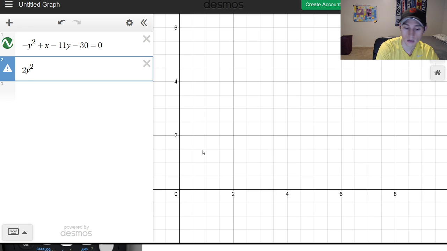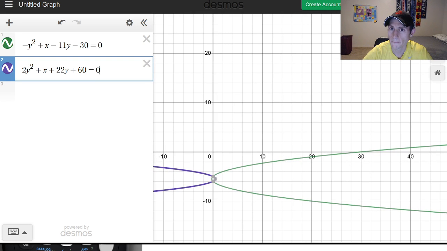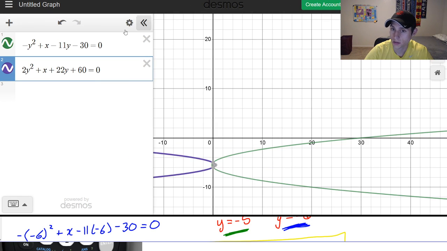Second, 2y squared plus x plus 22y plus 60 equals 0. Not O, 0. All right, I'm going to zoom out. Make sure my equations are correct.